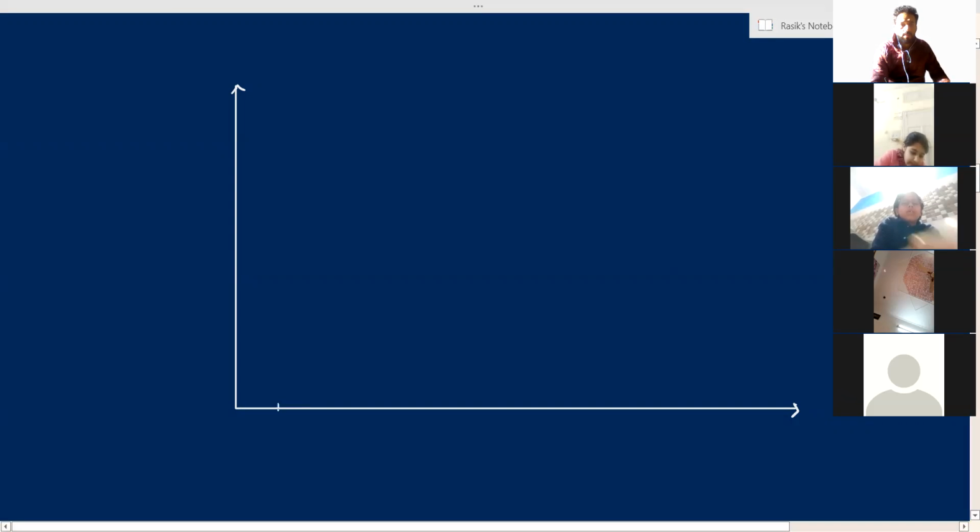So make the divisions. They are already there in your graph paper. Okay. So we are doing this question number 3.